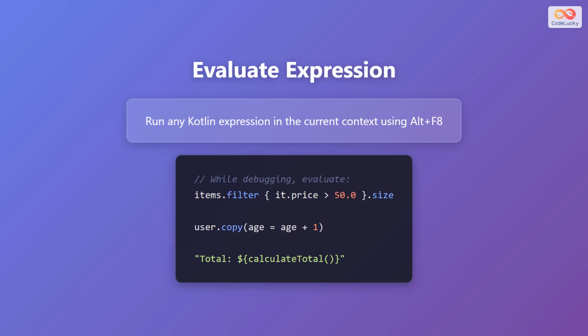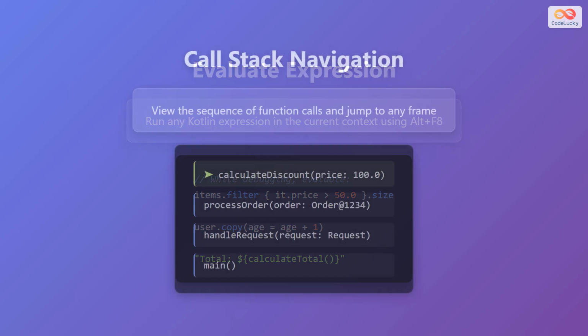You can even call functions and see their return values, or construct strings that include function results. This feature essentially gives you a Kotlin playground that runs within your paused program, making it easy to test hypotheses and explore your code's behavior without modifying the source code.